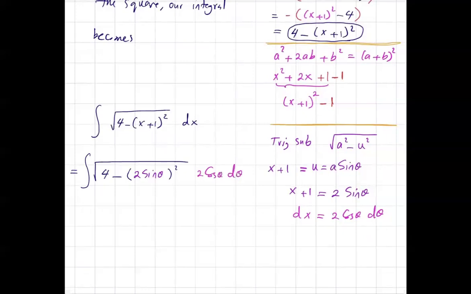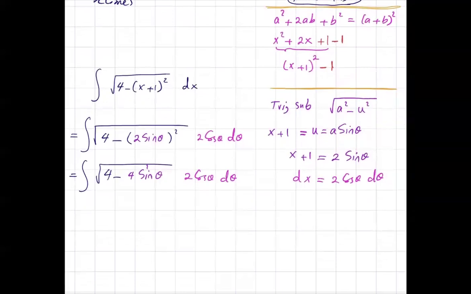Okay, it's not that bad. This is equal to the integral of square root of 4 minus 4 sine squared of theta, times 2 cosine theta d theta. Nothing complicated here. We can factor out 4. So you get the integral of square root of 4 times parenthesis 1 minus sine squared of theta.